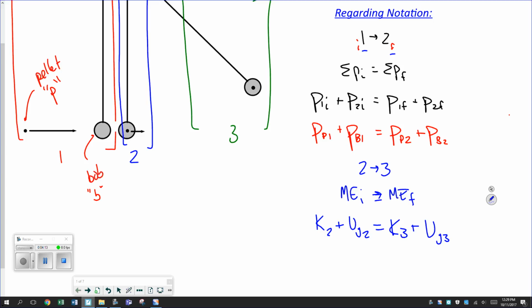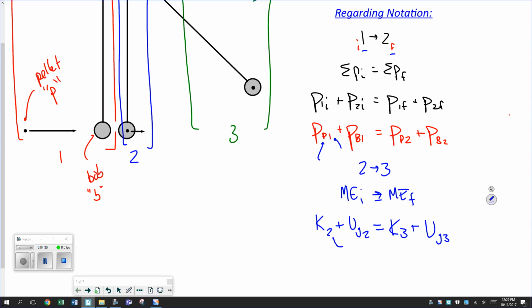So in my mind, identifying objects and identifying instants, as opposed to generically calling them object 1, object 2, instant initial, instant final, maybe you try to get a little bit more specific.